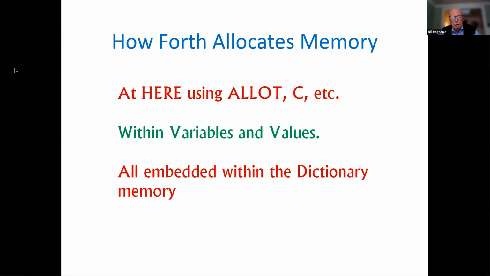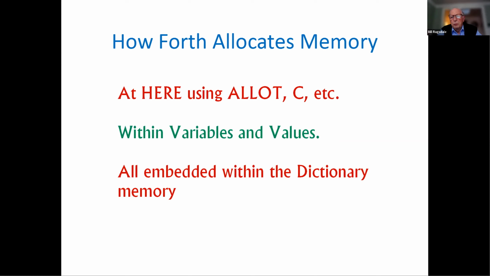So in the usual casual use of Forth, if you need memory allocation, you can do it by a number of methods. You can CREATE, and following that would be a dictionary memory space by ALLOT.